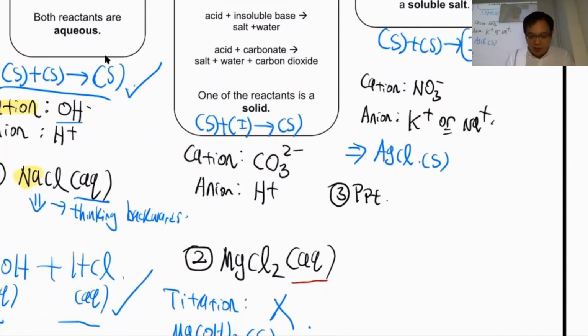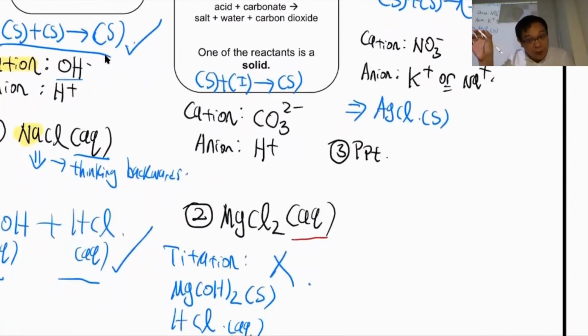So for the precipitation method, my cation will join with my nitrate. So I'll be using silver nitrate. Then your Cl will join together with potassium or sodium. I will choose potassium. You can choose sodium, up to you.